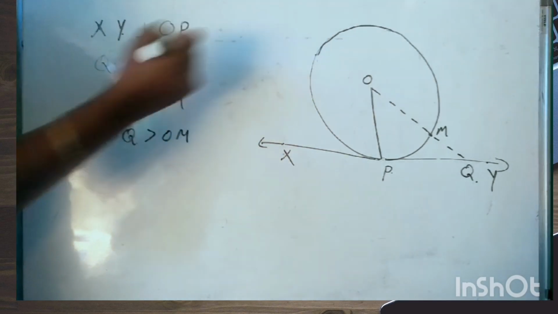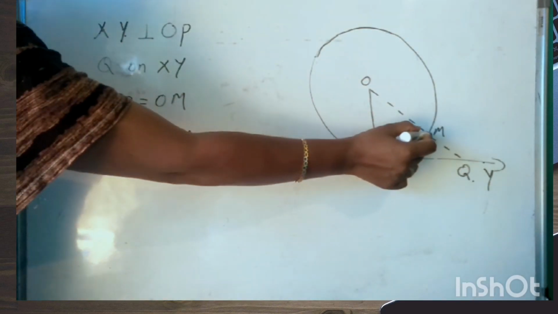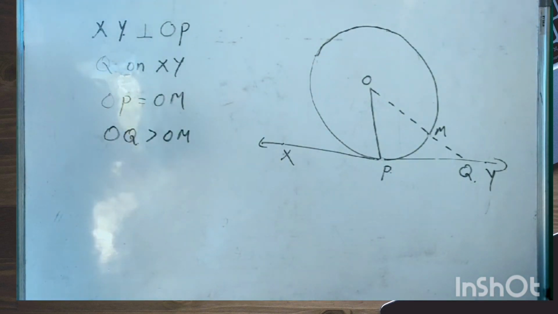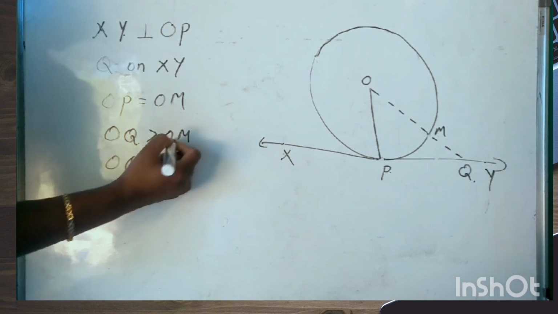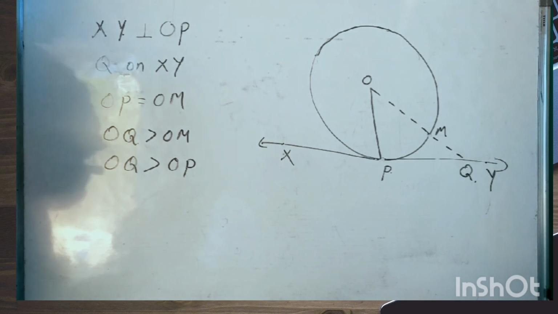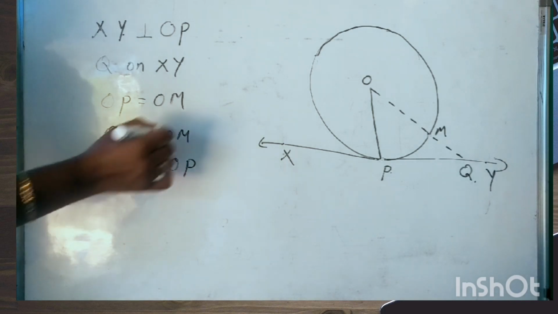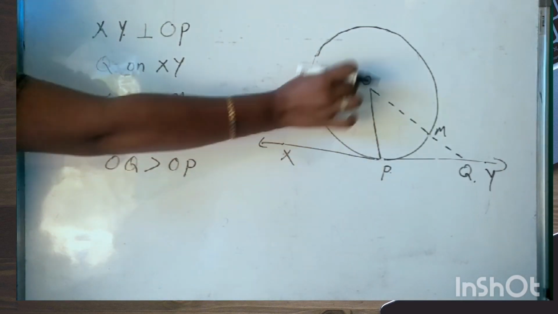Still, after OM we have some more distance. So OQ is greater than OM, and OM and OP are equal, so OQ is greater than OP. We can replace OM by OP because they are equal. So the shortest distance here is OP.